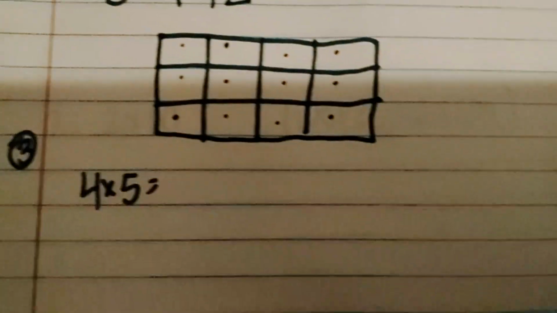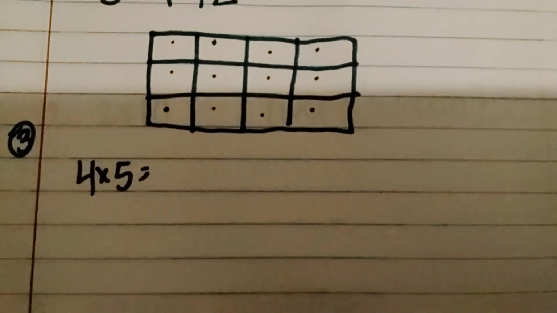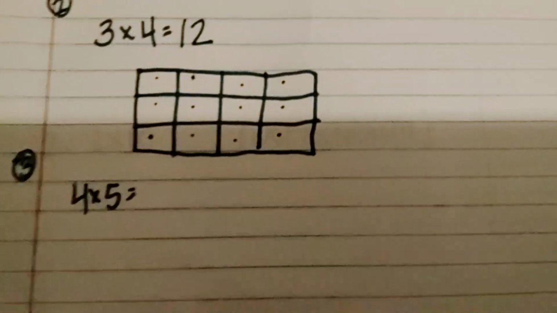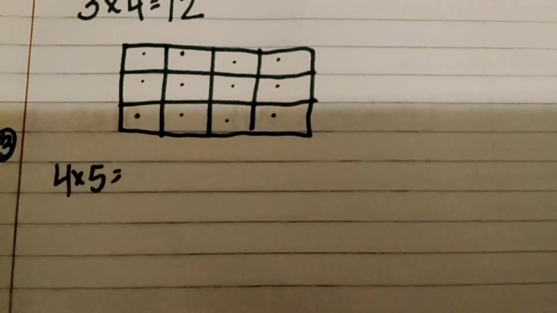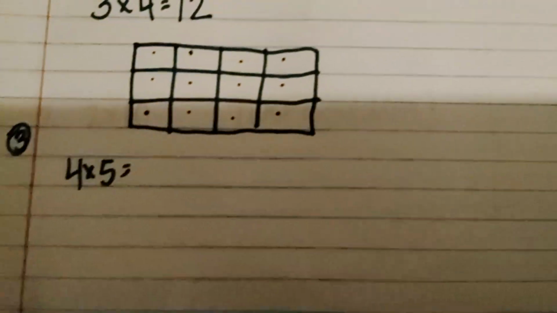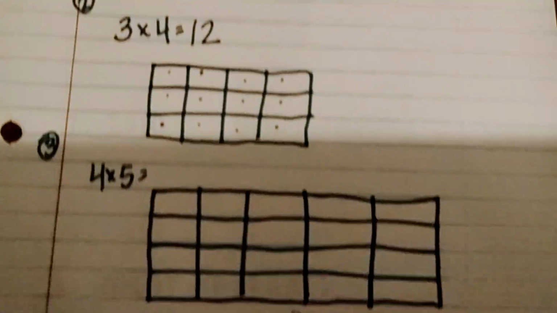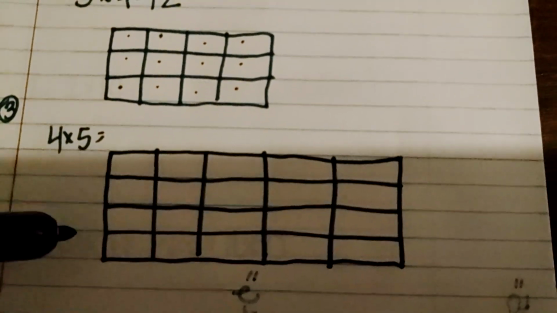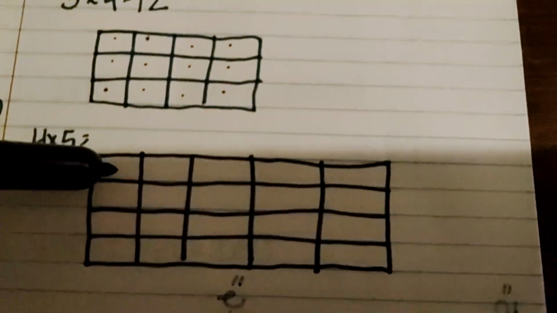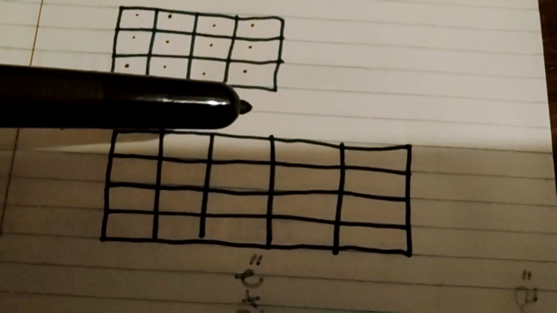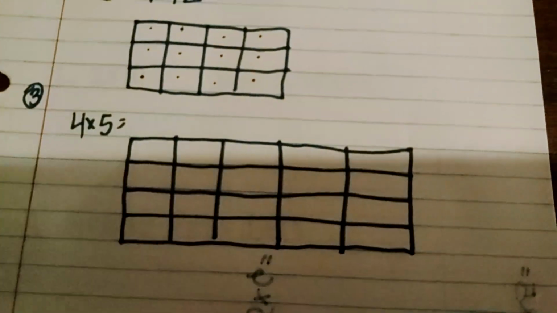Okay, our next one. 4 times 5. Oh, if we wanted to solve this without an array, what could we do? That's right, we could count by 5s 4 times, but we're going to use an array. Okay, here's our array. 4 times 5, we have 1, 2, 3, 4 rows and 5 in each, which makes 5 columns. 1, 2, 3, 4, 5.